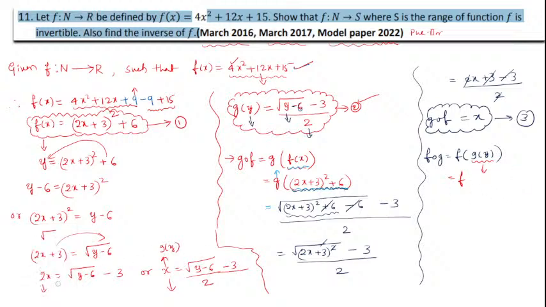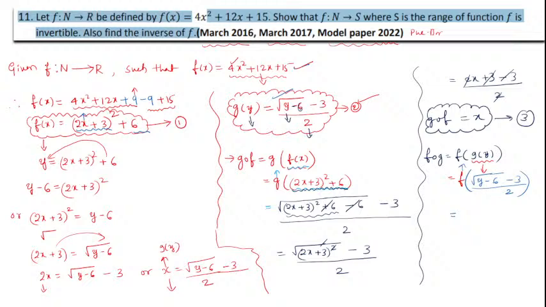See here what I will do. F of g of y is what? Root of y minus 6 minus 3 whole divided by 2. Clear? Now that is equal to, whatever value you got, f of root of y minus 6 minus 3 by 2, now you have to go with the f of x function. So f of x is 2x plus 3 whole square plus 6, right? So in place of x in 2 times x, you have to insert root of y minus 6 minus 3 divided by 2.